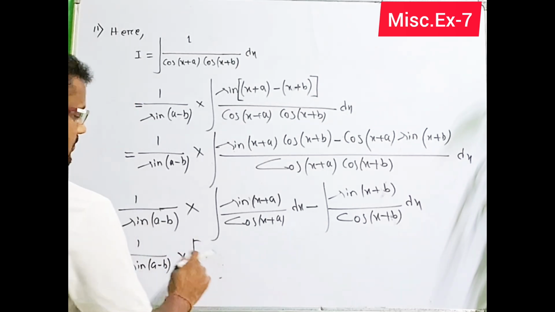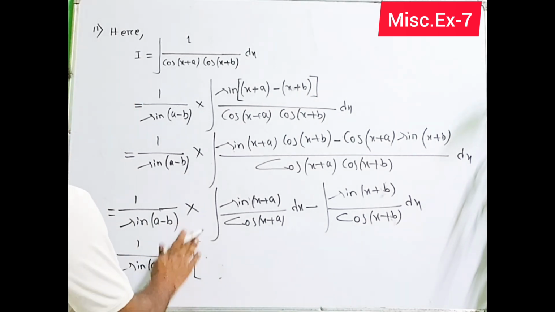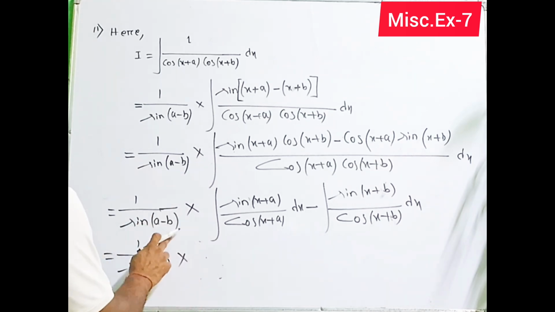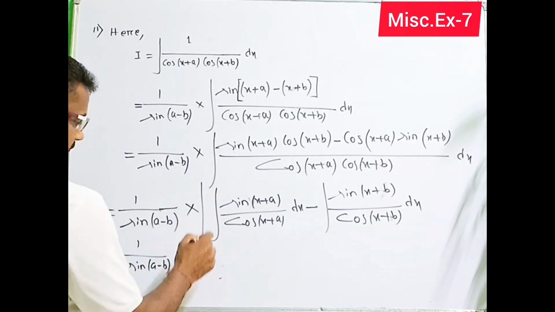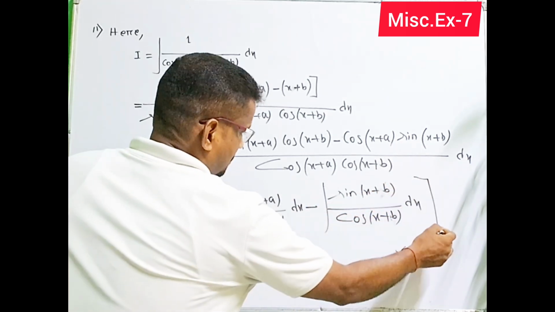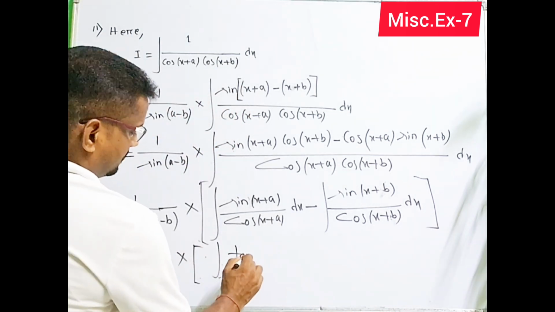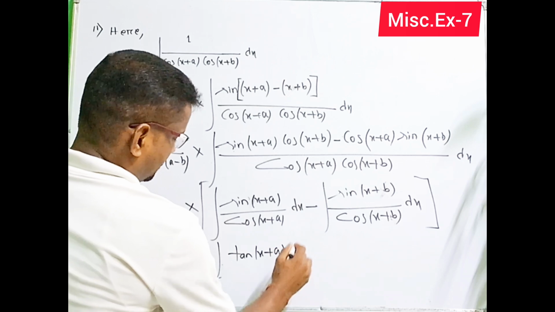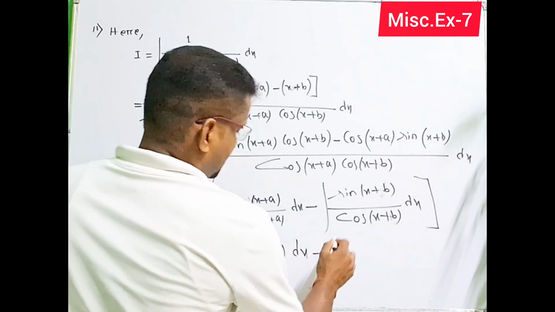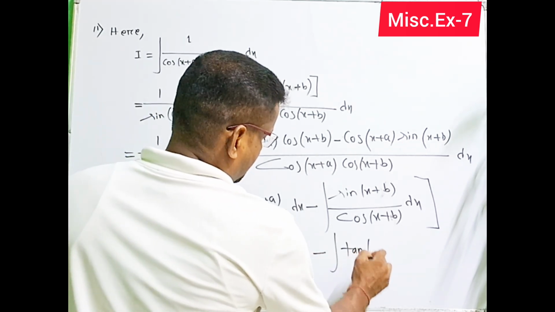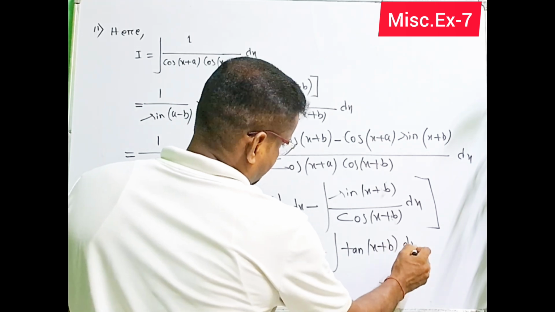Let me write here, it is 1 by sine a minus b as a whole, it is common, now into integration of tan x plus a dx minus integration of tan x plus b dx.